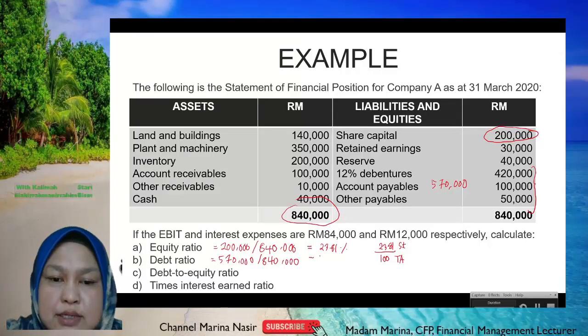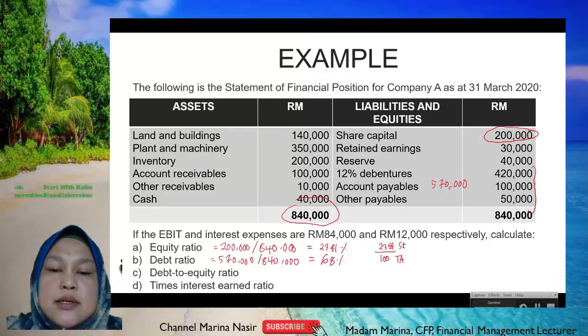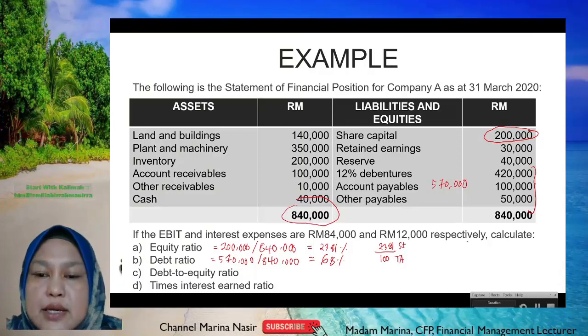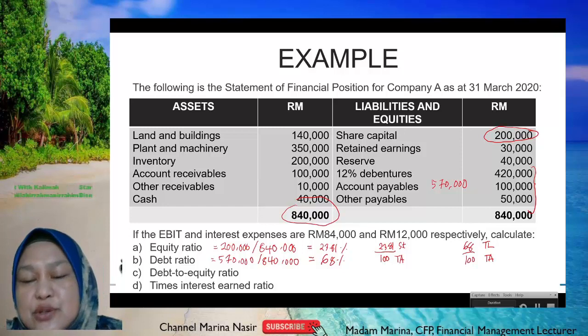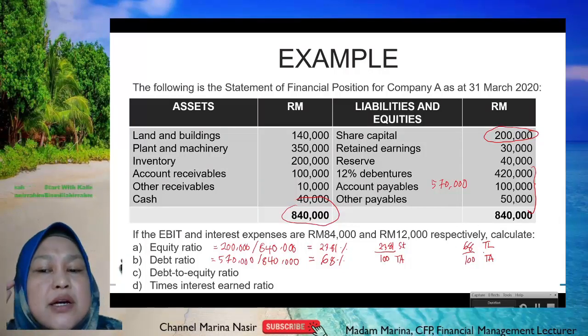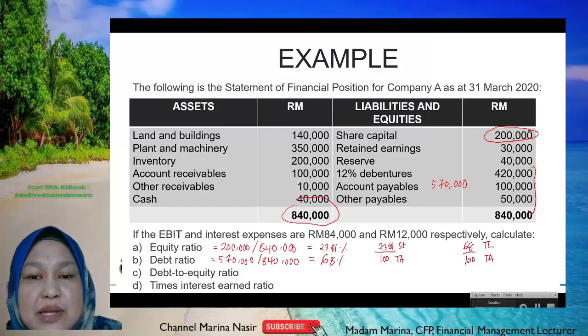The answer is 68%. 100 is total asset and 68 is total liability. How to interpret this ratio? For every 100 ringgit of total asset, this company has 68 ringgit of total liability.